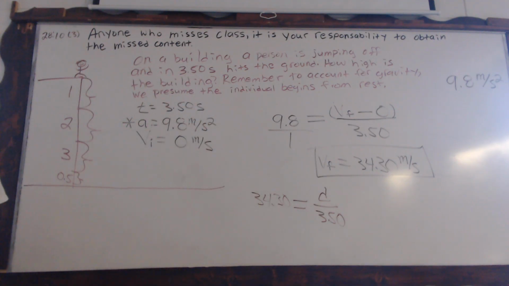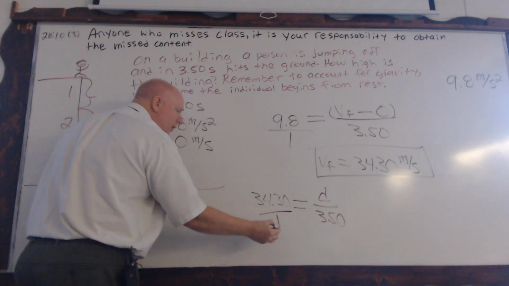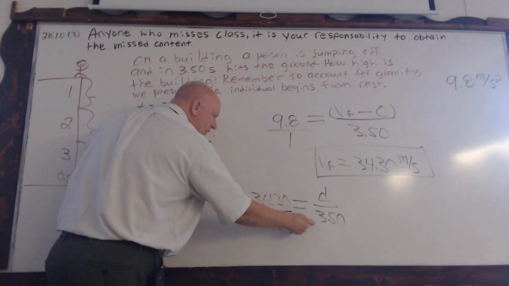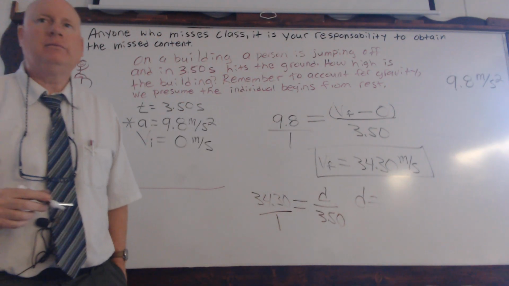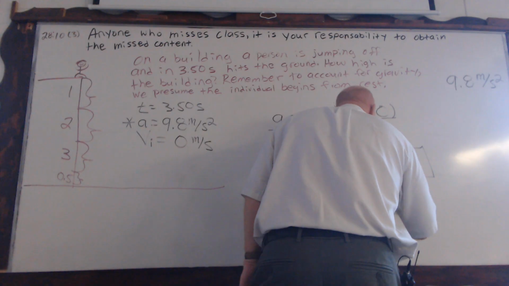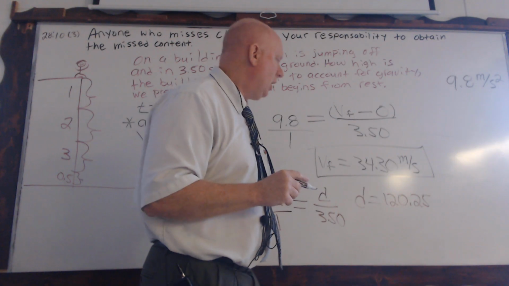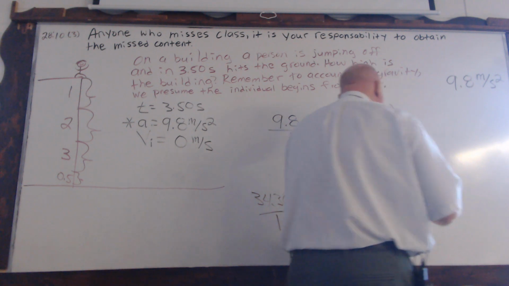But you had said acceleration. That doesn't work because in your velocity formula, it can't be meters per second squared because that's an acceleration. We need to put a velocity here. And like you correctly said, 34.3. So how do we solve for that distance now? What is 1 times d? And then you cross multiply there, you're going to cross multiply here. 120.05.